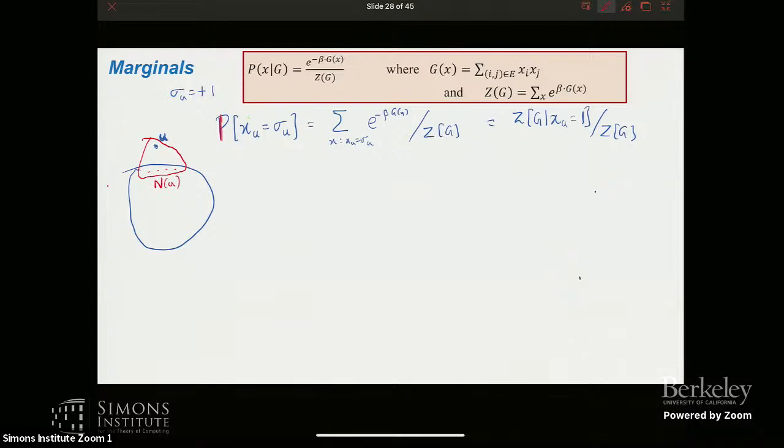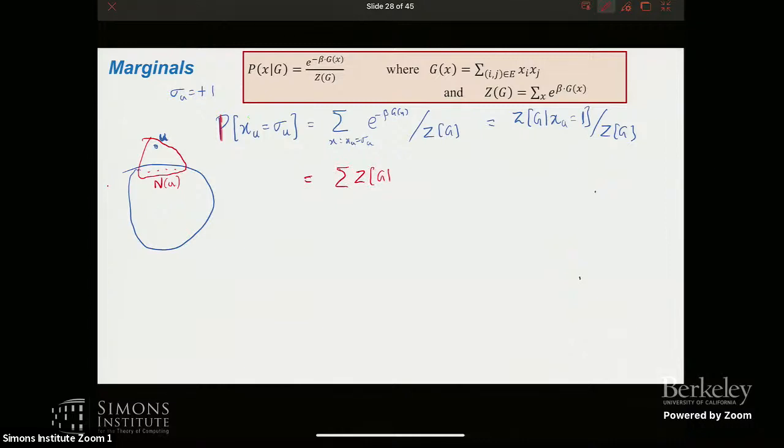And we do the natural conditioning idea here. So this is, of course, equal to the sum over z of g with xu equals sigma u. Oh, sorry. Yeah, xu equals sigma u.